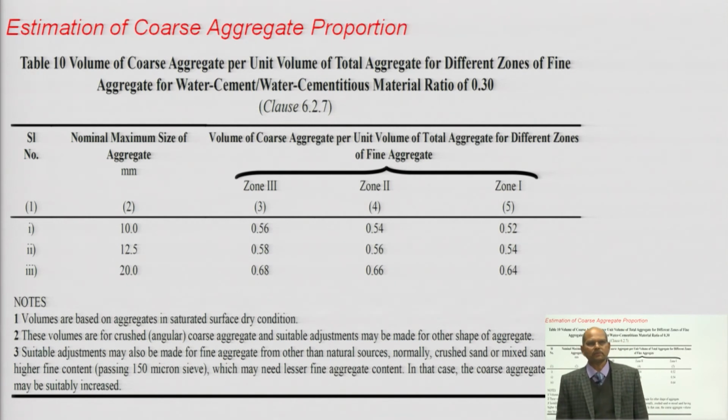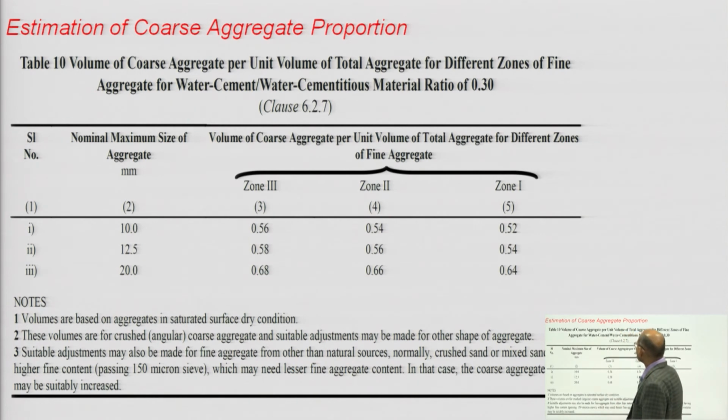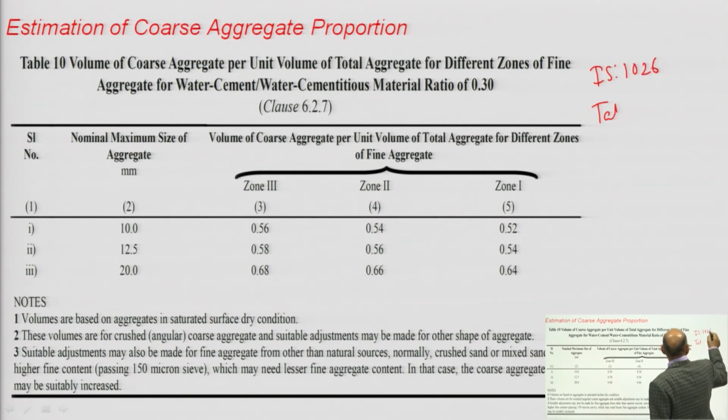Similarly, estimation of coarse aggregate proportion. Okay. So, it depends on the zone. Generally we can use zone 1, 2 or 3; zone 4 has been discarded here. This table has been taken from IS 1026. Okay.